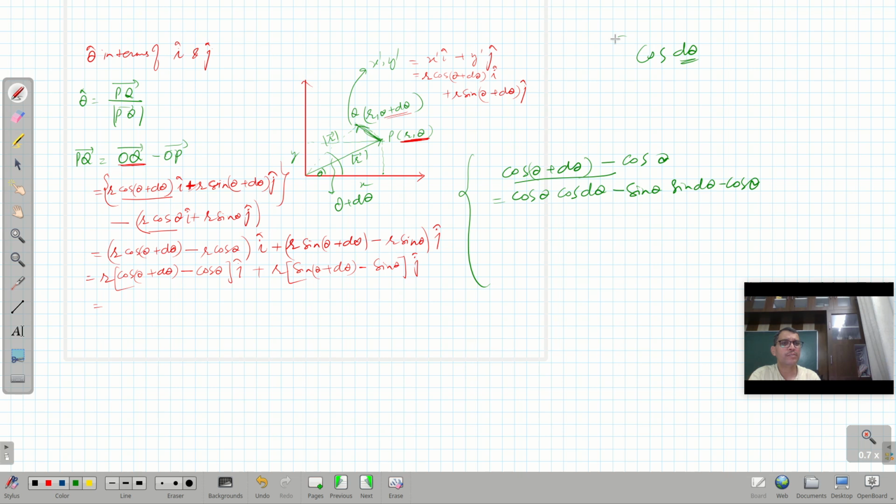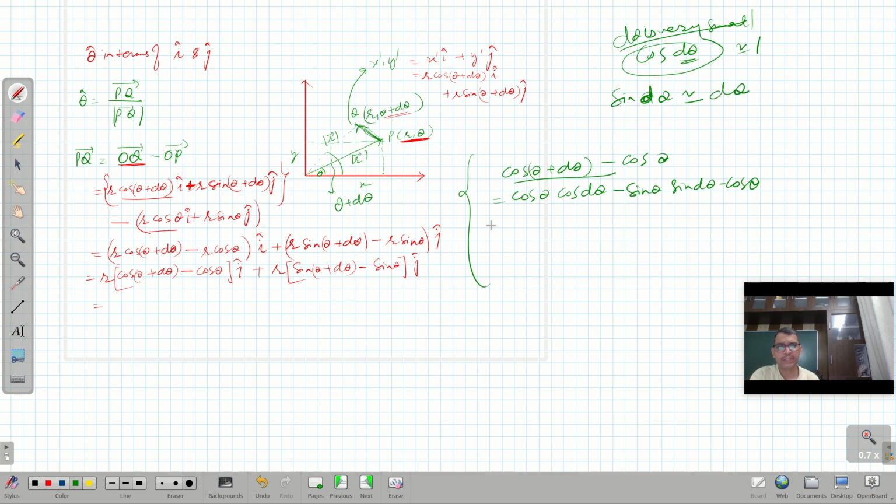Because d theta is very small, cos d theta is nearly equal to 1, and similarly sin d theta is nearly equal to d theta.